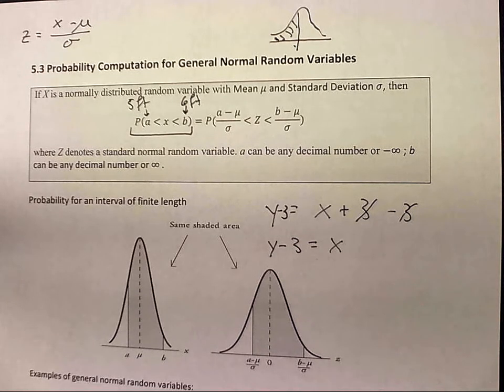Because if you take 5 minus the average height, I have no idea what the average height is, but we'll call it 5'5", divided by the standard deviation, this is going to be some number. And this over here is going to be some number. So all we're going to have is the probability of some number less than Z less than some number, and voila, we're right back to the types of problems that we just got done doing. Is everybody good with that?